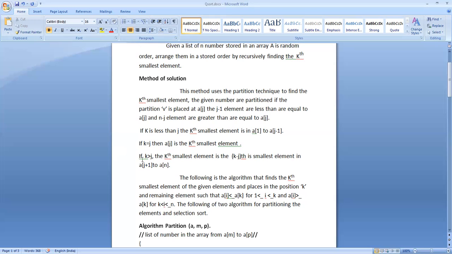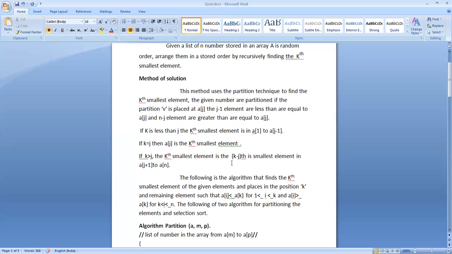Otherwise, if k is greater than j, then the kth smallest value is the k minus jth smallest element of a of j plus 1 to a of n.